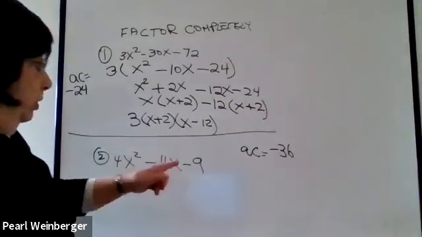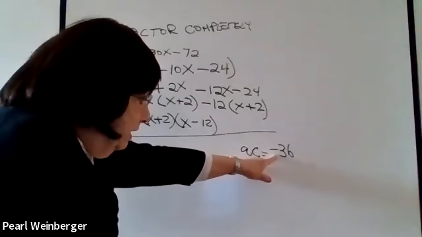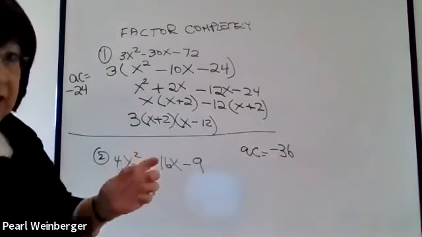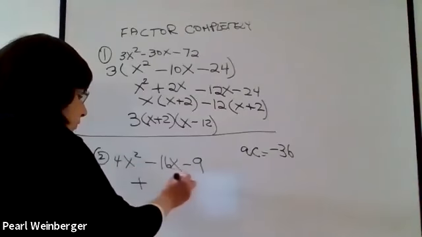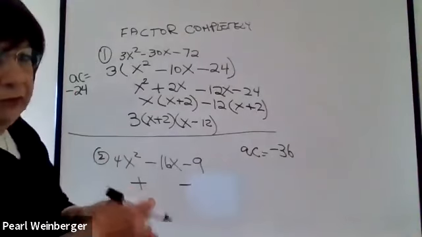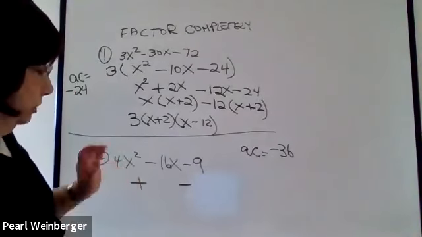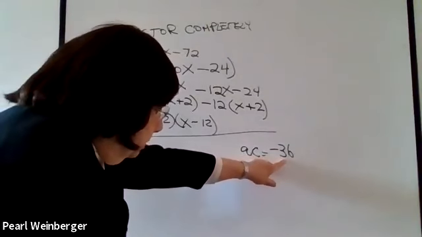So what does that mean? It means I'm looking for two numbers that are going to multiply to negative 36. Now, since it's negative, one of them is going to be positive and one of them is going to be negative. And it doesn't matter if you put the positive one first or the negative one first. But we're looking for two numbers that multiply to 36.